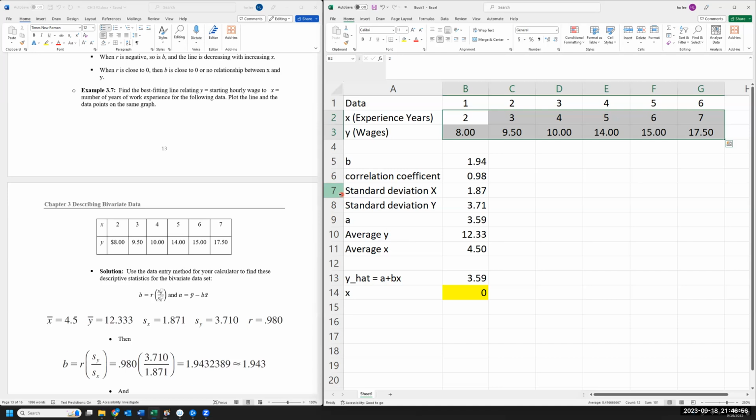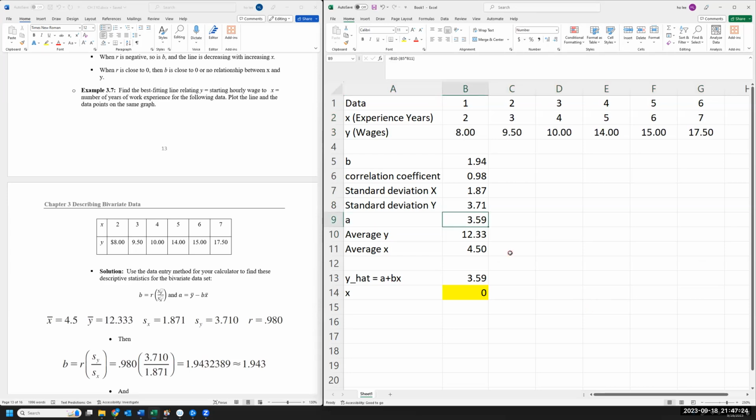And remember what that y hat is. It's our model to estimate wages given we have x, or number of years of experience. We found that the slope is this, and for our linear model, the y-intercept is this.